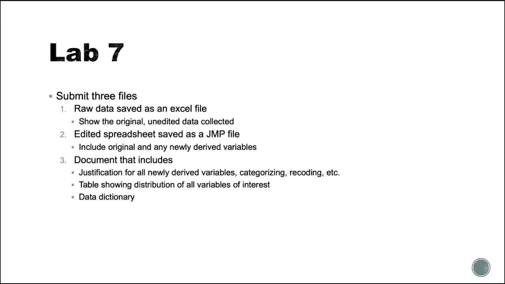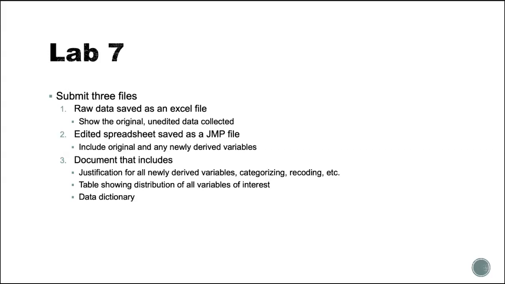It should just have all of the raw unedited data that you collected through your Google Forms survey with the questions at the top. You're not actually making any edits to this Excel document other than removing that pilot data. The second document you need to submit is an edited spreadsheet saved as a JMP file. We're going to talk about that in just a moment, but this second document is going to be an actual JMP file that includes your original data and then some new variables that you create.